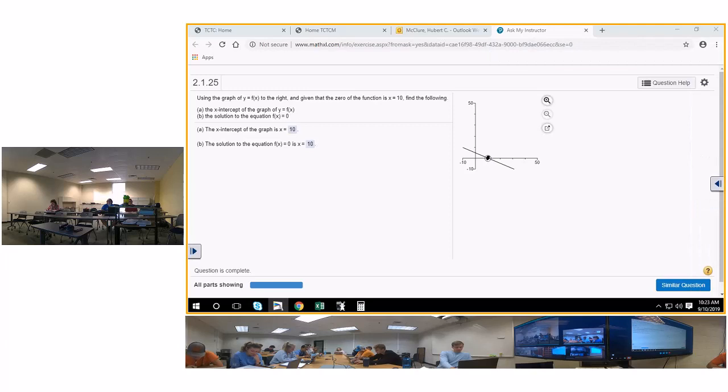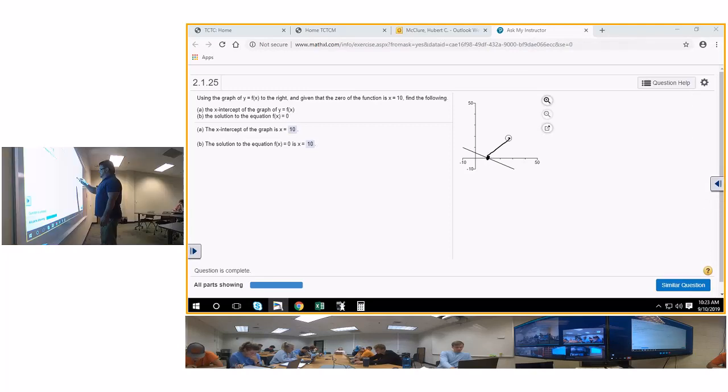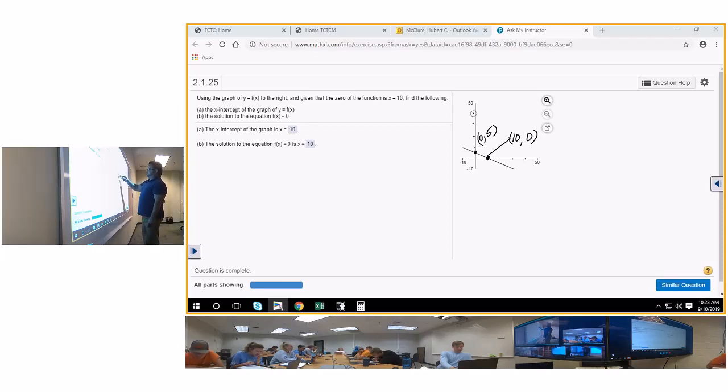So I'm going to write right here, x is 10, 0, and what is y? It looks like y is 5, right? 0, 5. That looks like it. Unless, let me check. 10, 20, 30, 40, 50. So each one's 10, so that's 5.